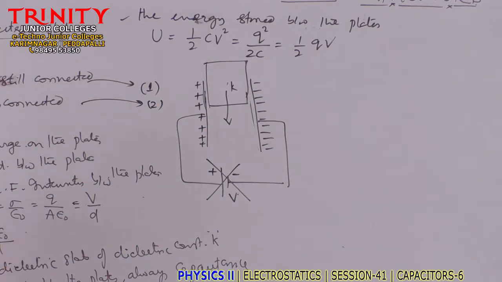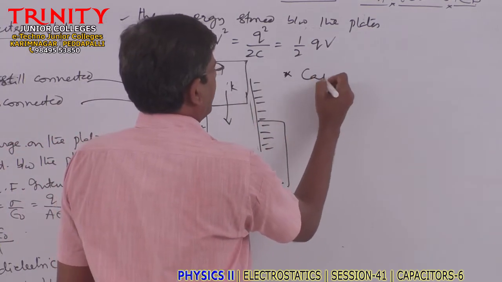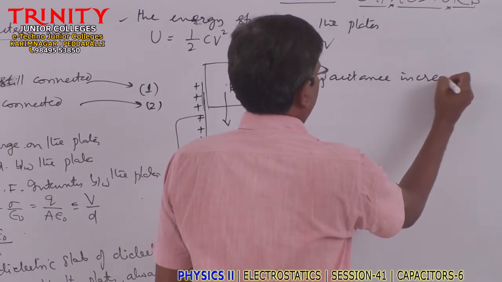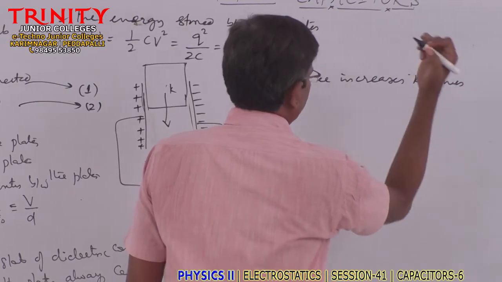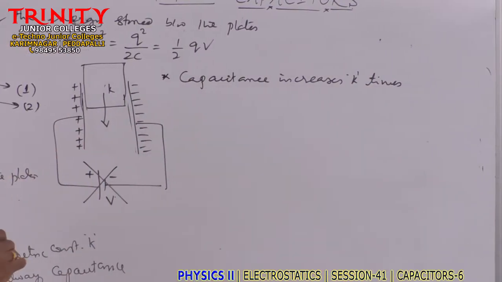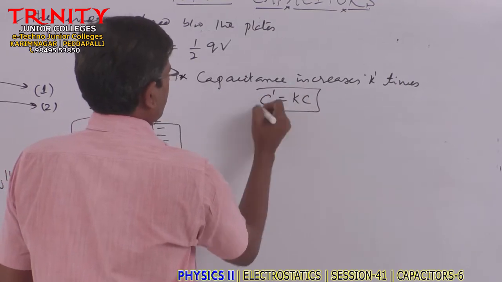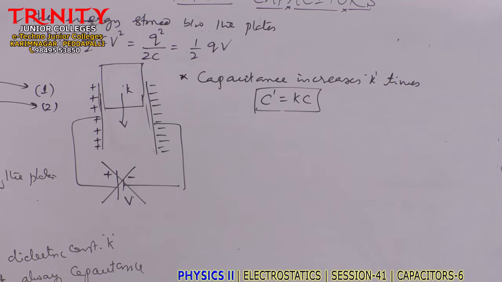The very first point, as I said, capacitance increases K times. So, therefore, C dash equal to what? K into C. In the two cases, this is the only common point.